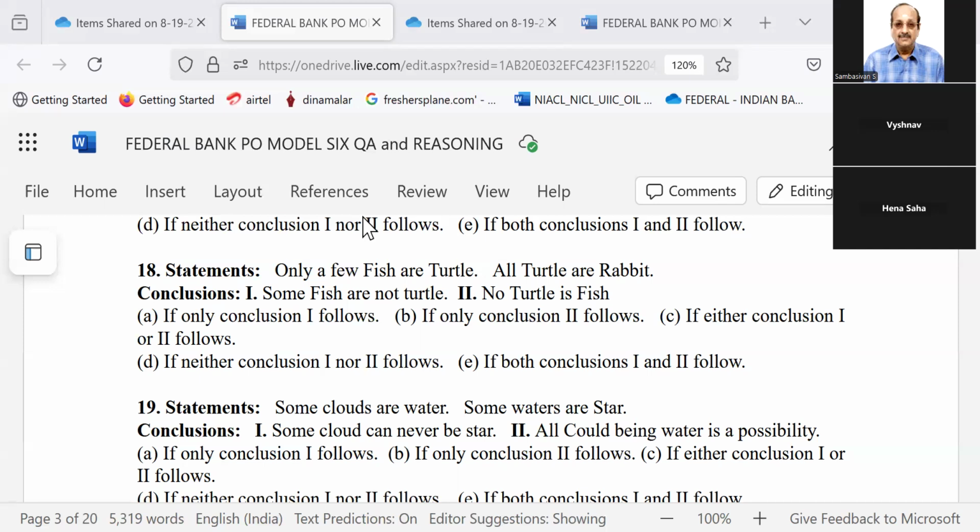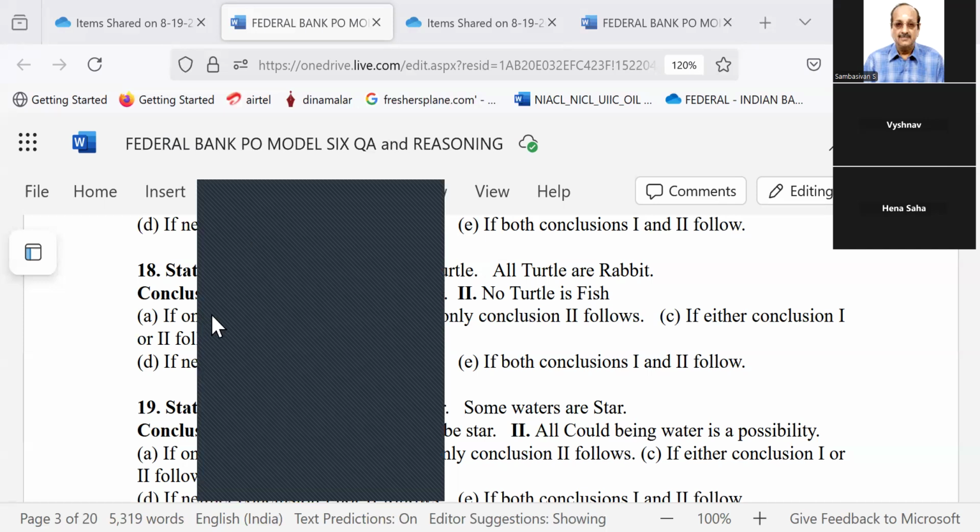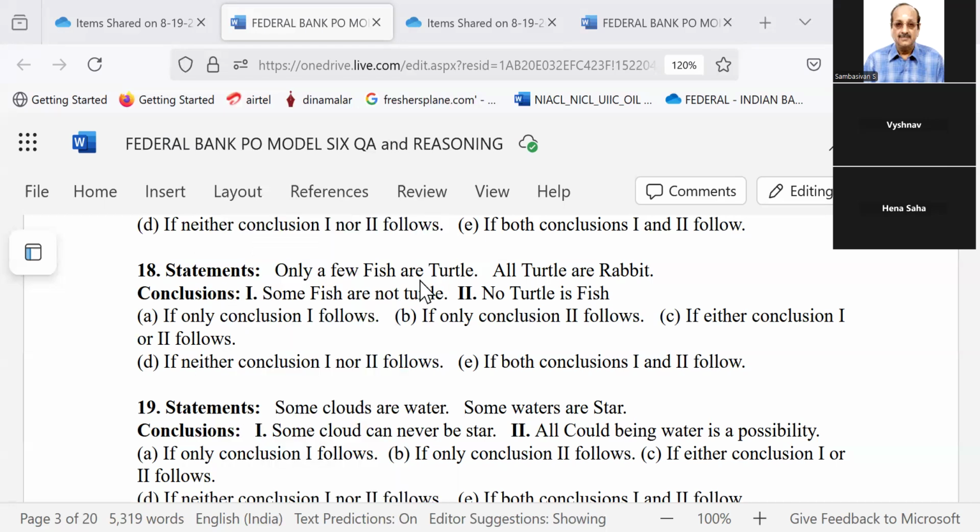This is what is available. I don't know whether you are seeing it or not. How to copy it? I could open it, but how to copy it? So many materials are there with me, but the more I give, the more confusion you will get. That is the problem. Which one should I give?